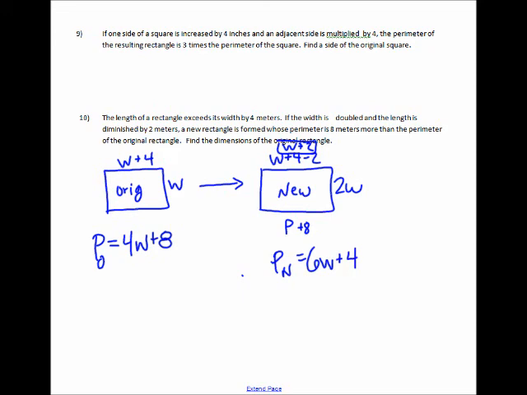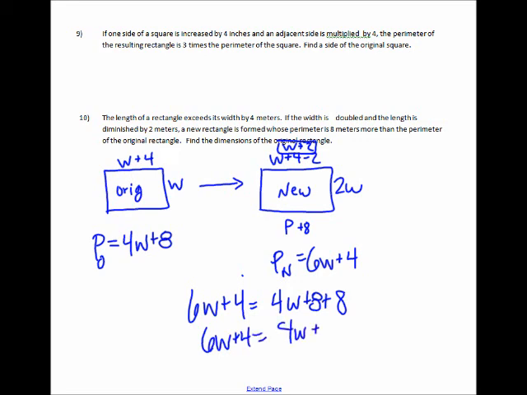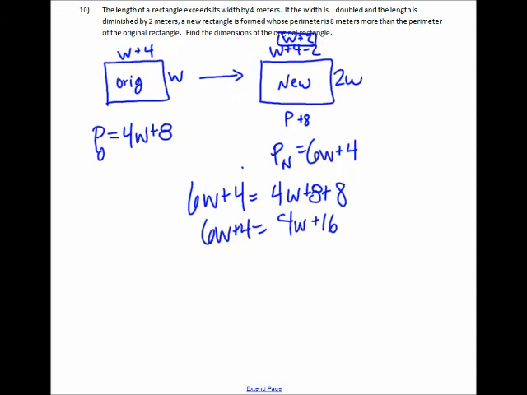And I know that the perimeter of the new is 8 meters more than the original one. So that's going to be 6W plus 4 equals, oops, that's a 4W plus 16. And if you solve that, you should get W equals 6. Sorry, I have x on my paper, so I'm kind of varying back and forth here.